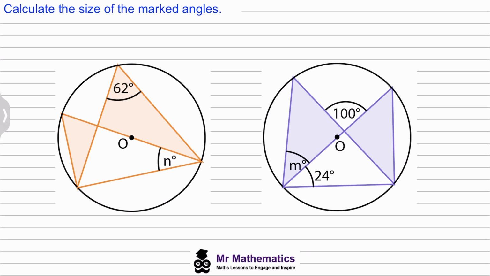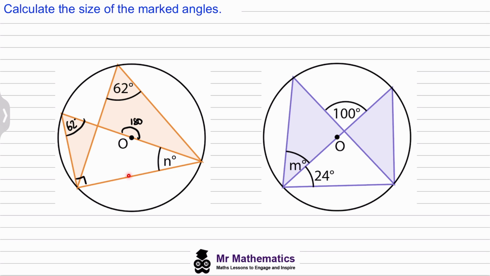So we're going to combine angles in the same segment and the angle at the center being double the angle at the circumference. Using angles in the same segment, we know that these two angles will be equal, so this will also be 62 degrees. But to work out angle N, we need to identify that we've got a 180 degree at the center, which means the angle at the circumference here will be a right angle.